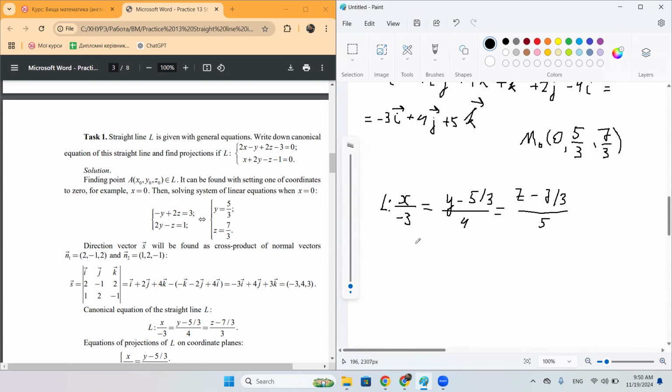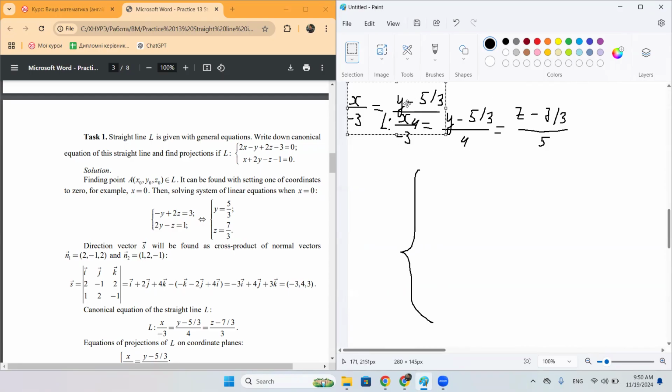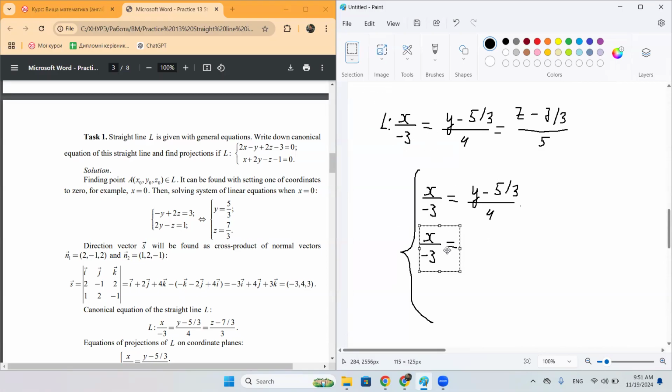Okay, and then how to find projections of the straight line on coordinate planes. We just take these parts of the canonical equation. So this is the projection on the x or y coordinate axis. This is the projection on x or z. So just the coordinate that is not in use.